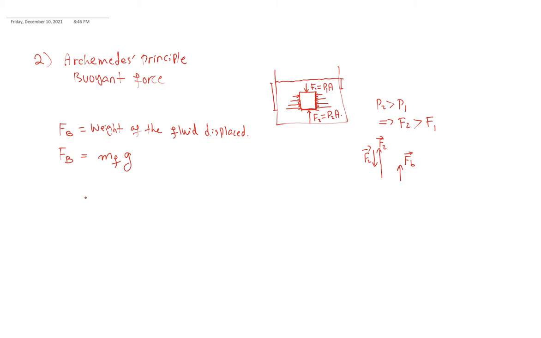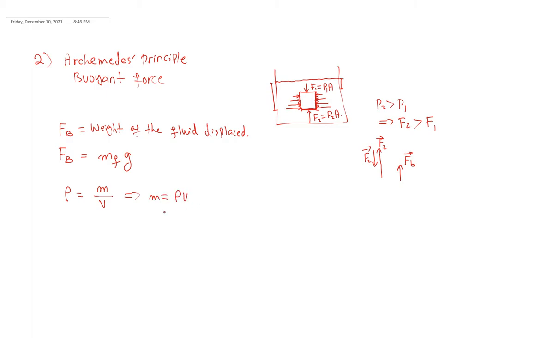Now when we are working with fluids, it's better to write mass in terms of volume. We know the density of any object is defined to be mass over volume. So from this it follows that mass equals rho times volume.